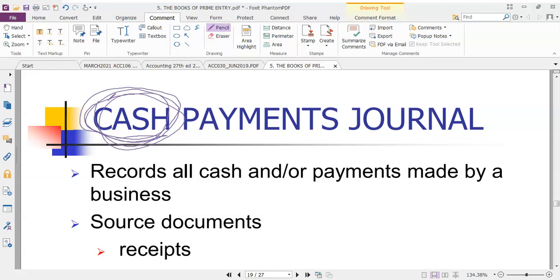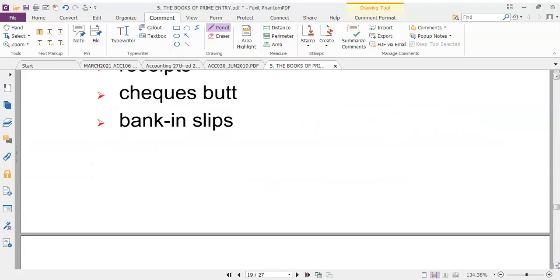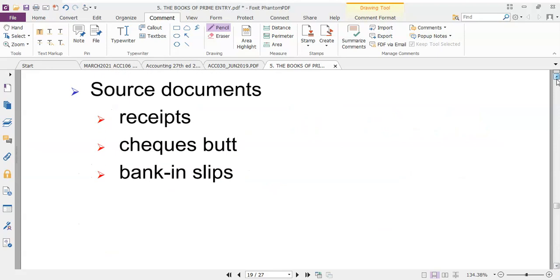Okay, kalau untuk transaction berkaitan dengan cash, yang pertama, you kena tahu cash payment journal. Cash payment journal means that records all cash and payments made by a business. Okay, source document dia mestilah receipts, checkbook, bank in slip. Okay, contoh kita beli durian for example, and then I will transfer you online.